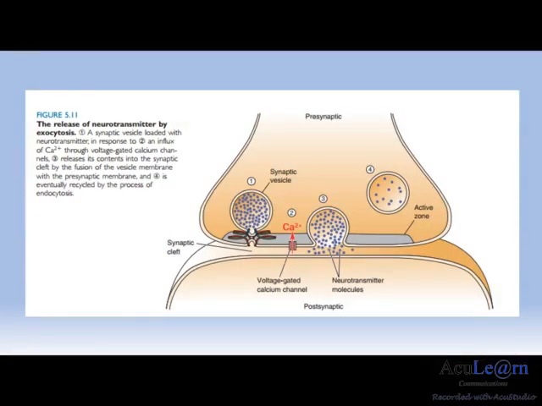This diagram here illustrates the process of exocytosis, which is the release of neurotransmitters. The process kickstarts itself when there is an action potential at the axon terminal. The depolarization that occurs causes the voltage-gated calcium channels at the active zones to open. Similar to sodium channels explained in the action potential video, this results in an influx of calcium ions that will flood the axon terminal.